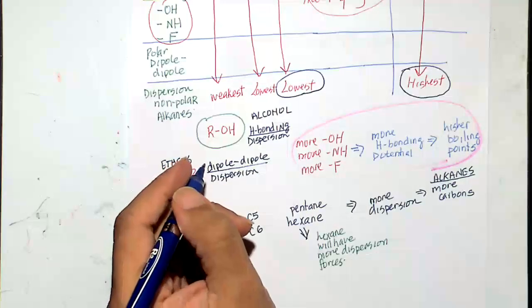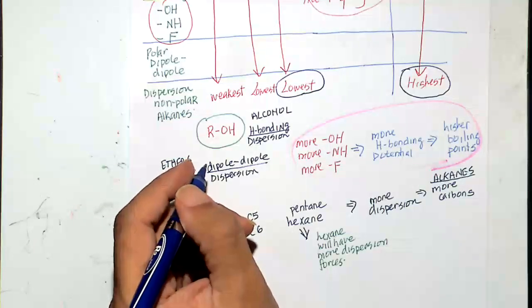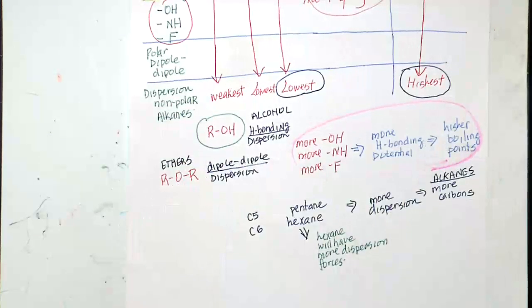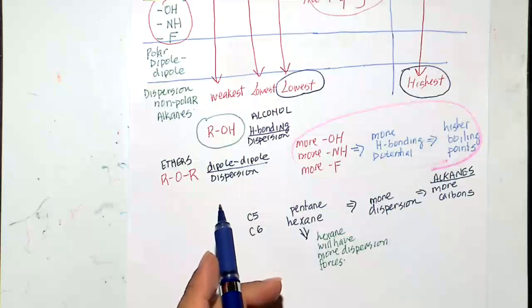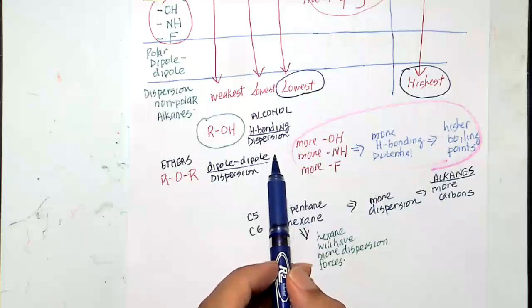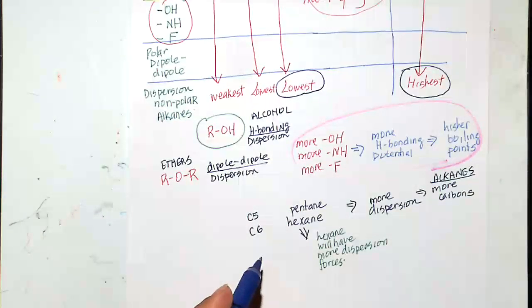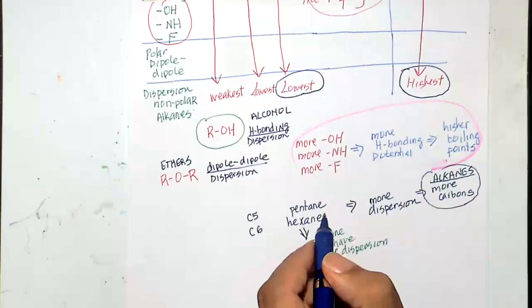Every molecule has dispersion, but it's not the driving intermolecular force, because all these molecules have circulating electron clouds. So if they say dispersion for an alcohol, okay, but if they say hydrogen bonding and dispersion, is that the right answer? Yes, because everything has dispersion. But what has the most dispersion?